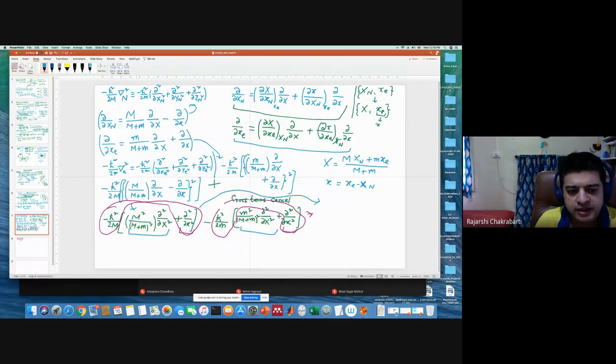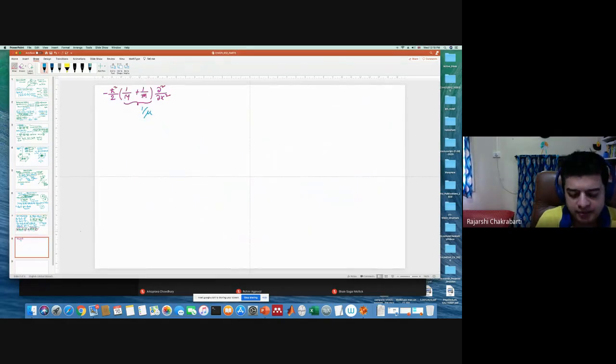What I'm going to get here is m square divided by m plus m whole square, but you had m here, plus m square divided by m into m plus m whole square. The whole thing was multiplied with minus h cross square by 2, and then we had this.